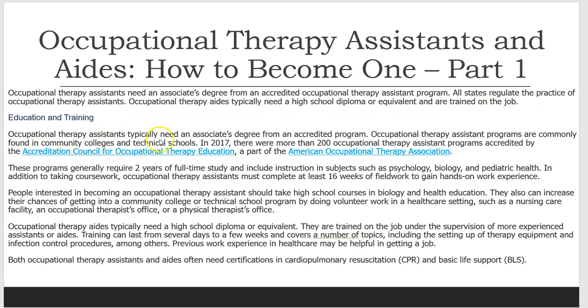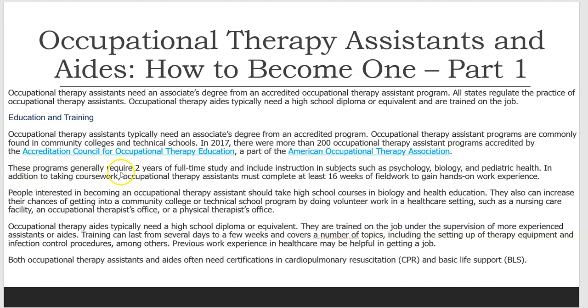Occupational therapy assistants typically need an associate's degree from an accredited program. Occupational therapy assistant programs are commonly found in community colleges and technical schools. In 2017, there were more than 200 occupational therapy assistant programs accredited by the Accreditation Council for Occupational Therapy Education, a part of the American Occupational Therapy Association.